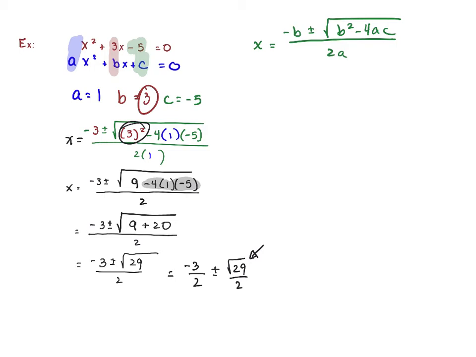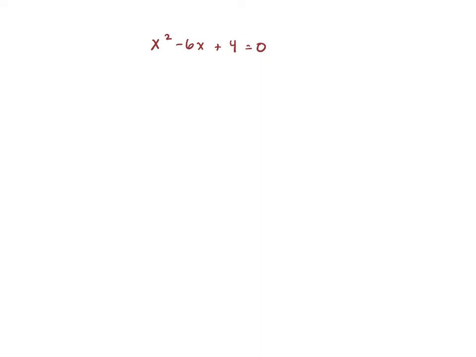But 29 is a prime number, and so you can't simplify it. And so really, once you get to this point right here, you are done for this problem. Let's take a look at a couple more examples. These things are a piece of cake, but I would encourage you on your homework when you're trying to do it, have this formula right by your side, the quadratic formula.